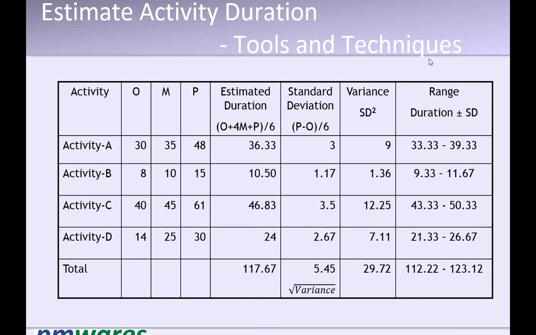But to get the range, I'm simply adding and subtracting the standard deviation from the estimated duration, right? So why do I need to add them? What about this line? Which line? The total one.